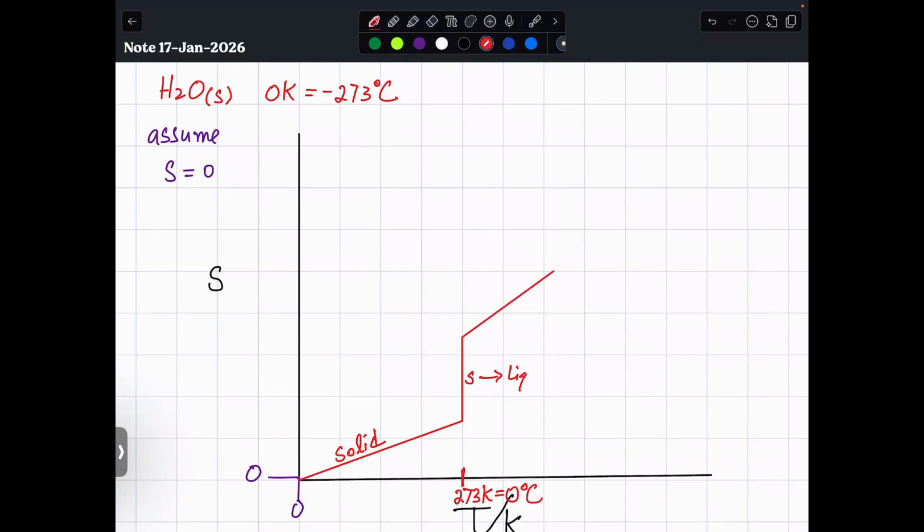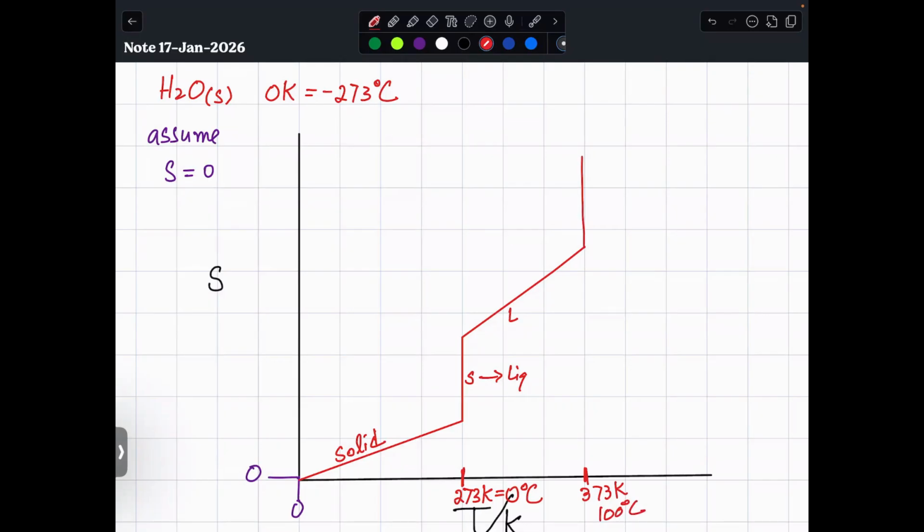More temperature, more sliding. More sliding, more entropy. Now, at 100, you know what is happening? Suppose this is 373 Kelvin, 100 degrees Celsius.